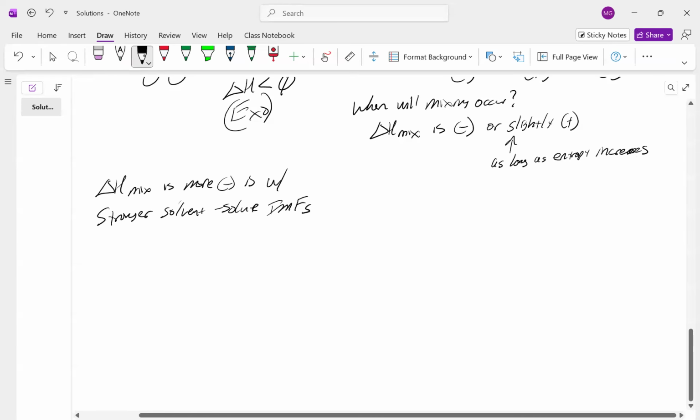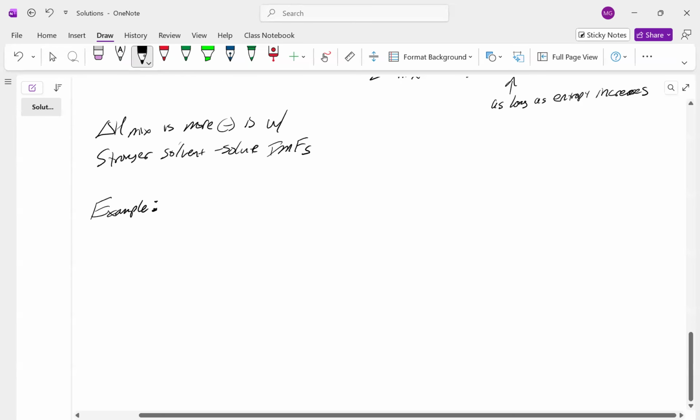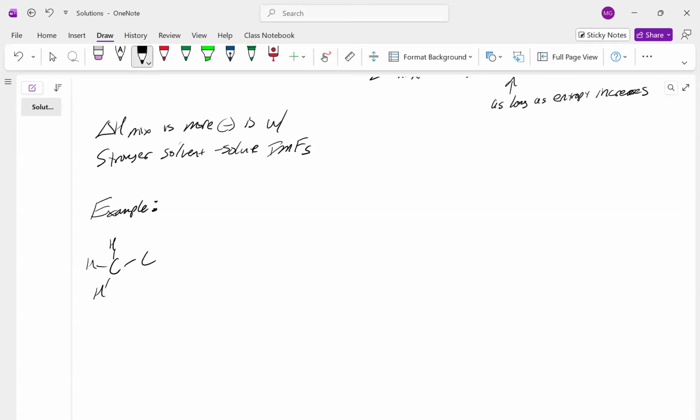So let's look at an example of this. Okay, so we're going to look at ethanol. So here's the Lewis structure of ethanol and how this interacts with water. Now, I'll give you the answer first, and then we're going to look at the explanation of why this is happening.